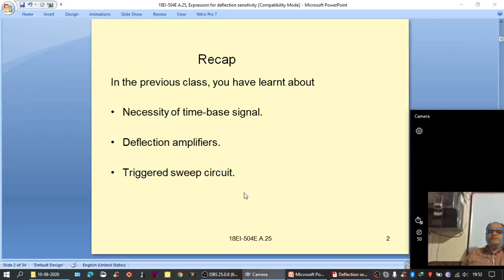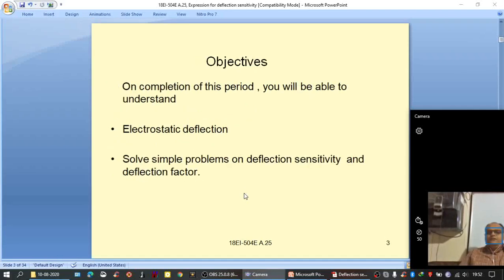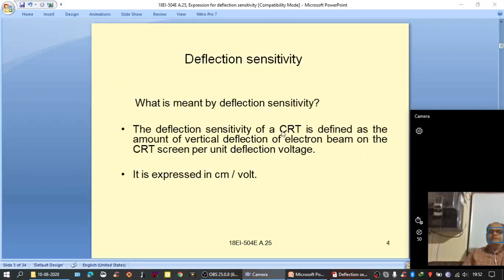Coming to the present topic, deflection sensitivity. We know that the deflection system that is employed in a CRO is electrostatic deflection, and deflection sensitivity is defined as the amount of vertical deflection of the electron beam on CRO screen per unit deflecting voltage.